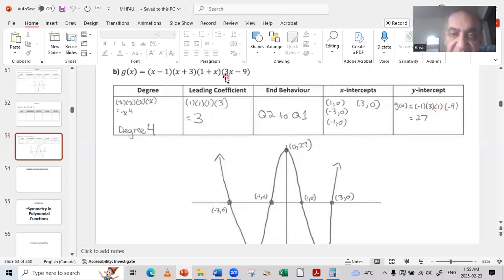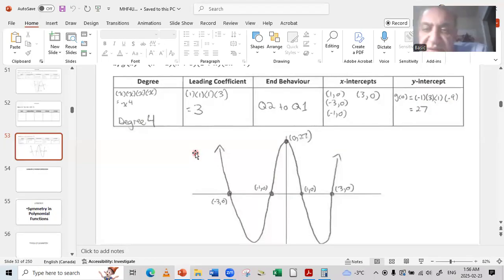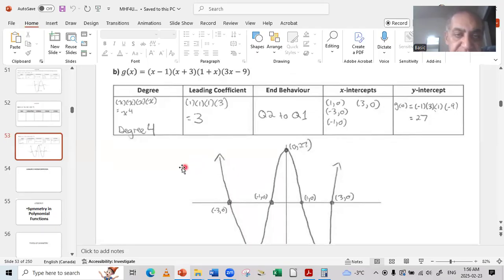And 3 multiplied by 0, any number multiplied by 0 will be 0, minus 9. So when you multiply minus 1 times 3 times 1 times minus 9, that will give you 27. So the y-intercept is 27. Now you got the solution for this example.